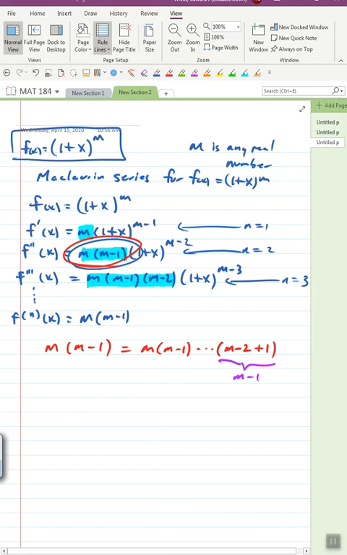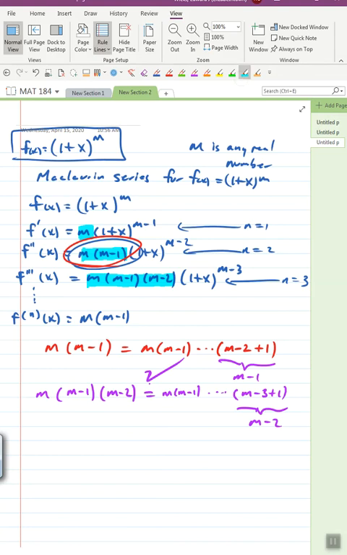Okay, so if I tried that pattern on this one, is that the same thing as m times m minus 1 down to m minus 3 plus 1, which would be m minus 2? And the answer is yes.